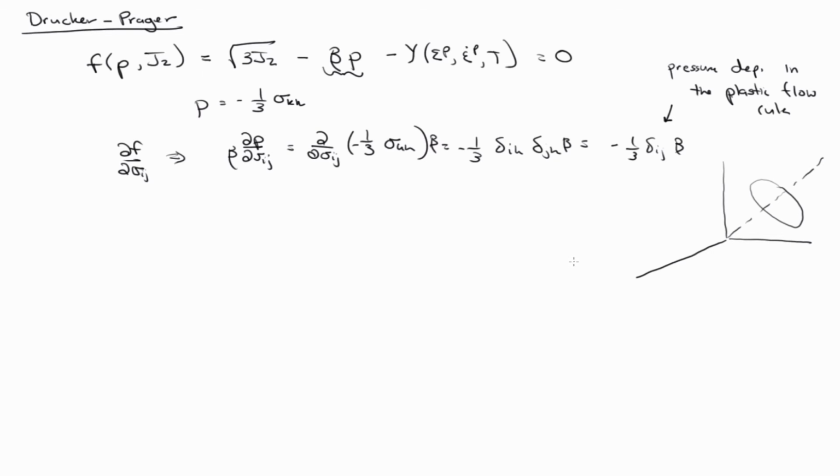So where I am along that line, along the hydrostat, is defined by the pressure. So if I increase the pressure, I move up that line. If I decrease it, I move down that line. Or vice versa, depending on your sign convention.